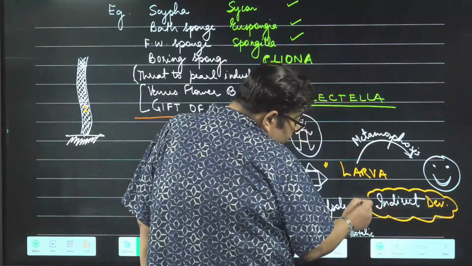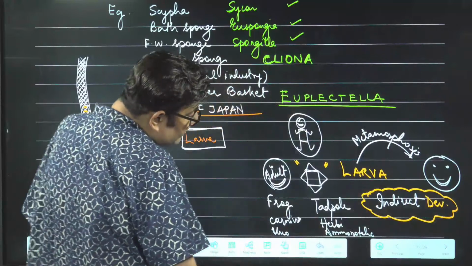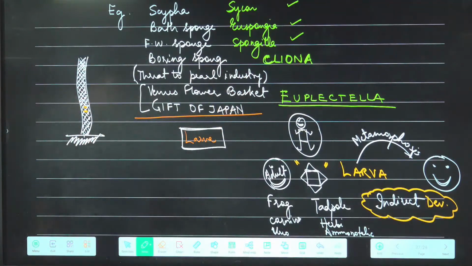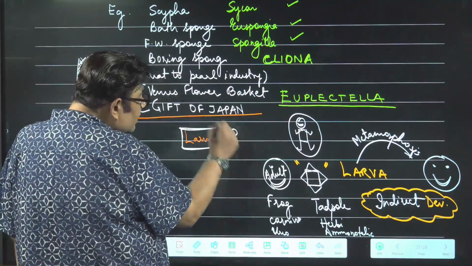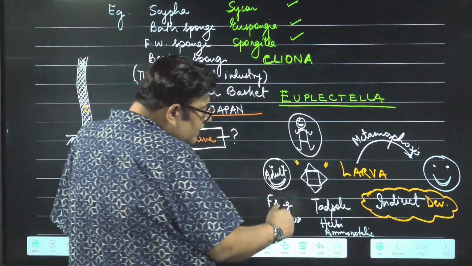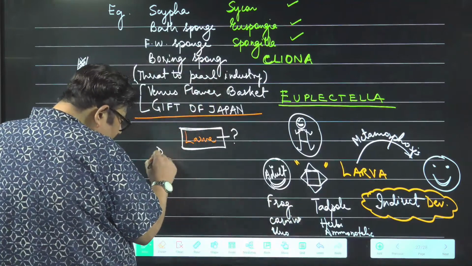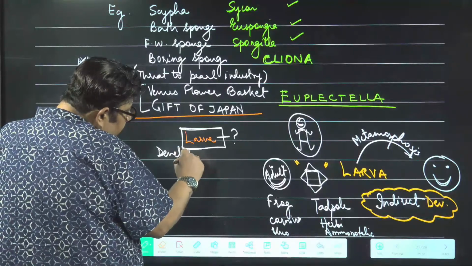Many lower forms have indirect development. Porifera has indirect development. Please learn this. A larval stage is present. No need to learn the names of the larvae, but know what a larva is.